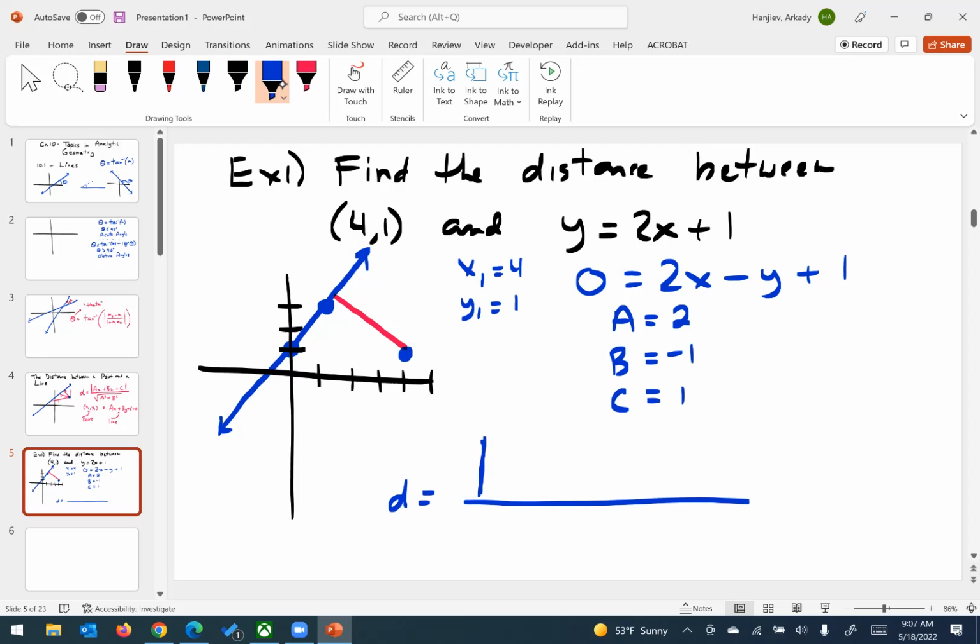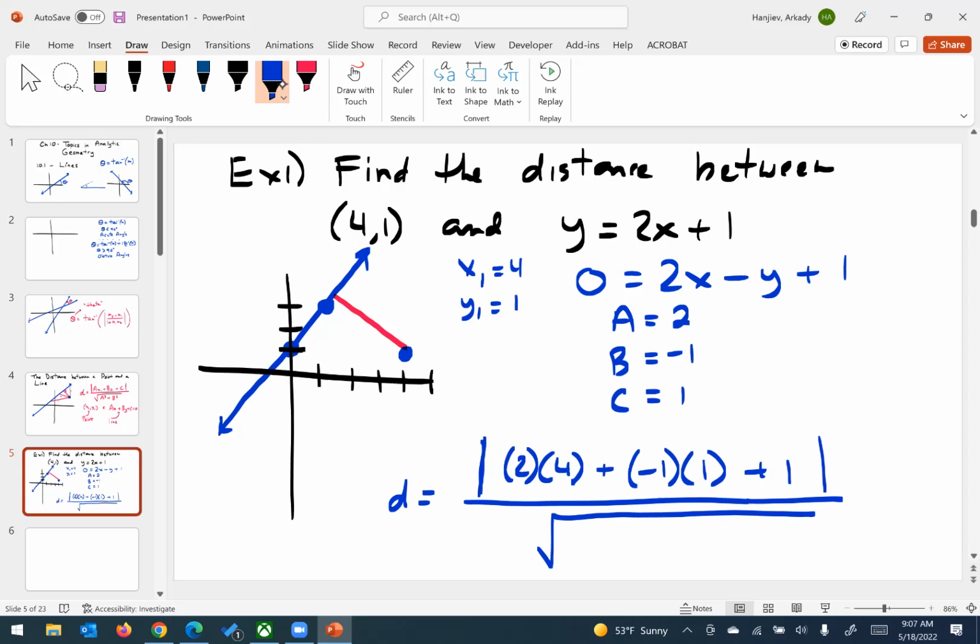Absolute value of 2 times 4, plus, I'll just put a negative 1 in there, so plus -1 times 1, plus 1, all over the square root of 2 squared plus -1 squared. Okay, hey, that's easy enough.